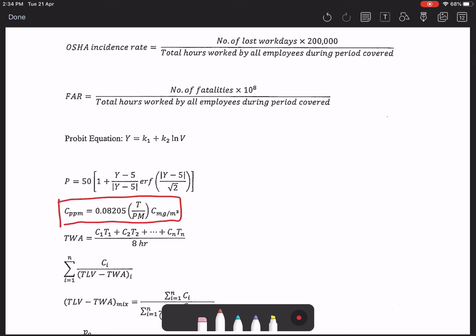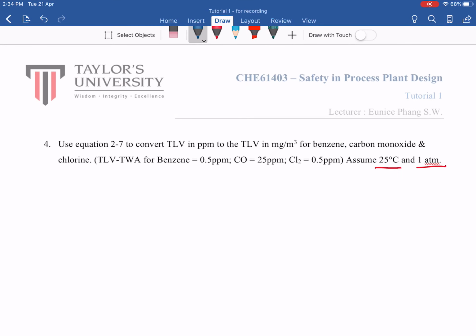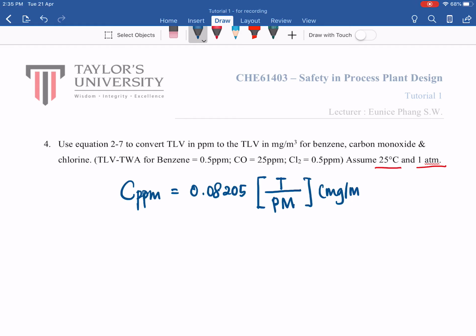So let's write this formula down in here. We have concentration in ppm equals 0.08205 times temperature over pressure and molecular weight, and this is in the unit of mg per meter cube.